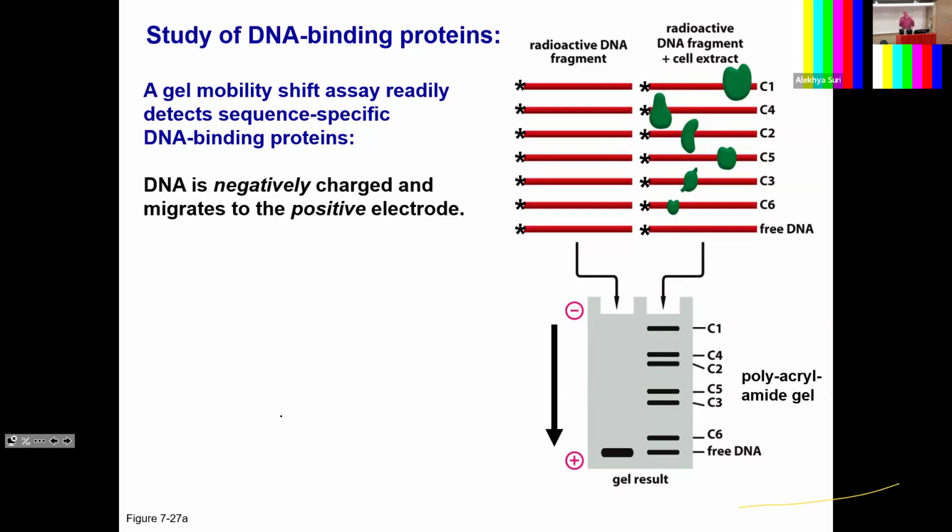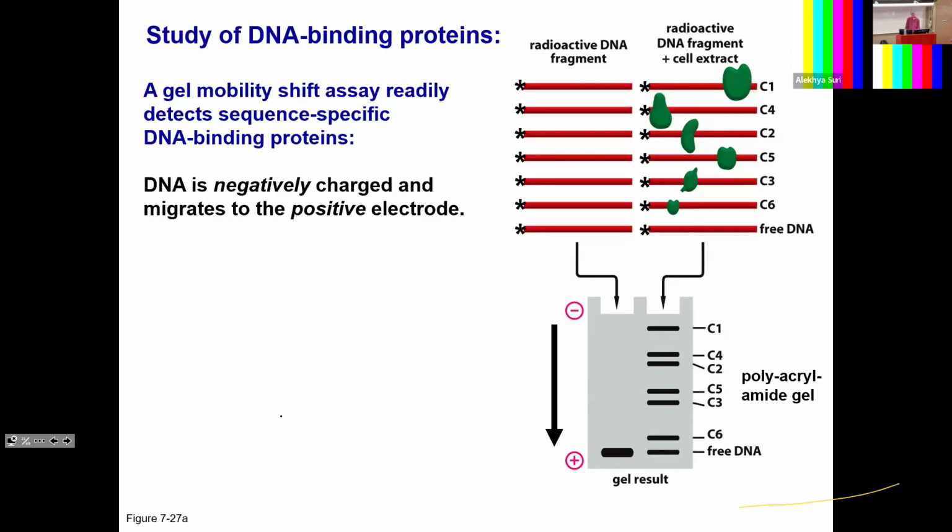Usually when you work in the lab, you check a plasmid, for example, by agarose gel electrophoresis. This is what you look at for, like, 1 kb to maybe 5 kilobase, 10 kilobase. In this case, we have very small fragments, like 20 nucleotides. So you have to use polyacrylamide gels to separate these.